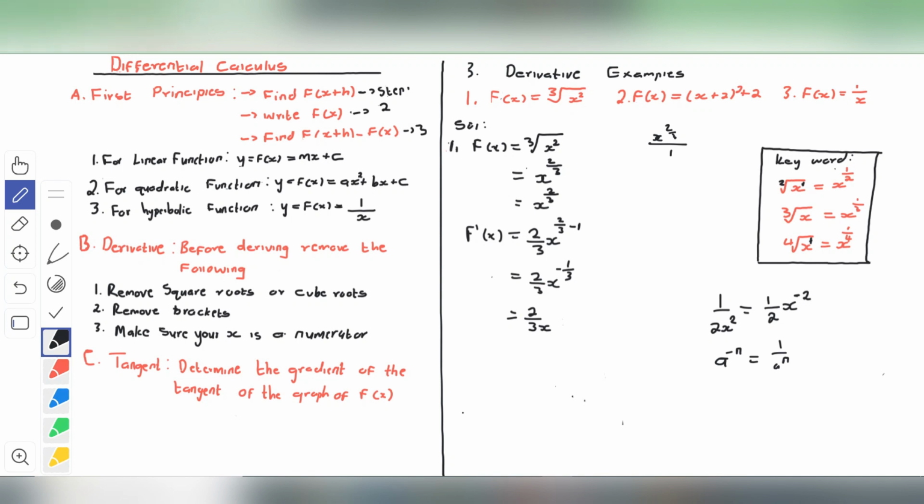Let me write it correctly. So you can see that what we did is we took this x and put it in the denominator, with the exponent 1 over 3. We take it the way it is, and the only thing we replace is the negative with a positive. Then we are done solving for this question.